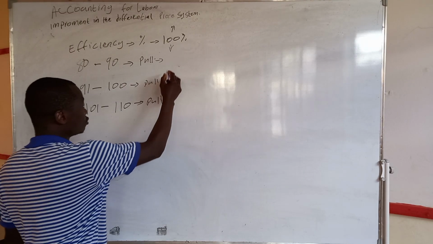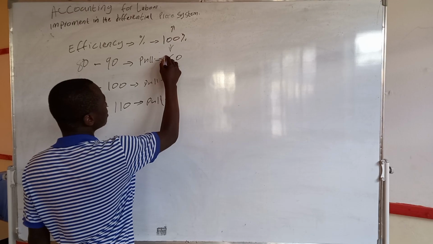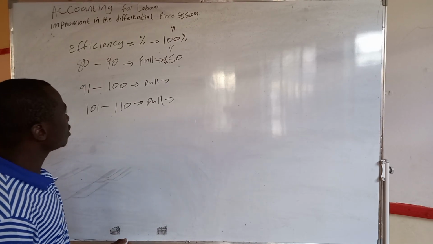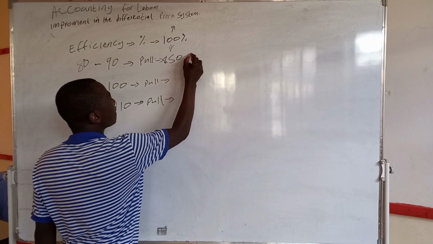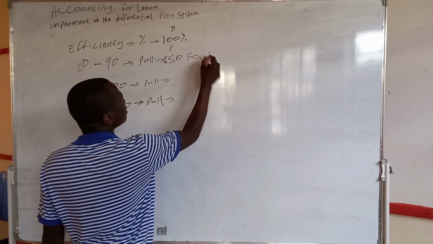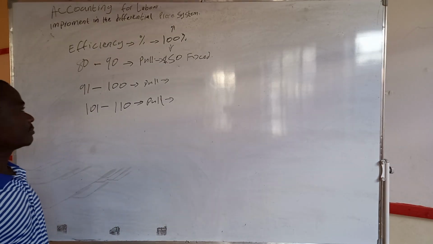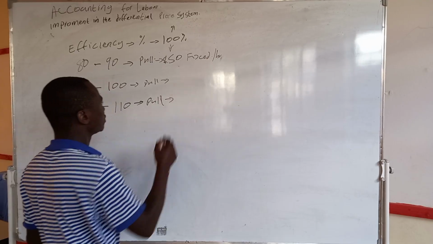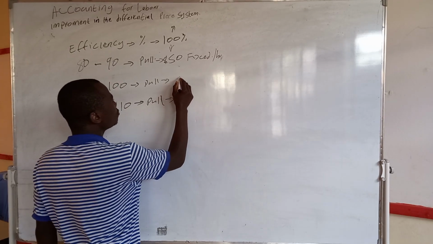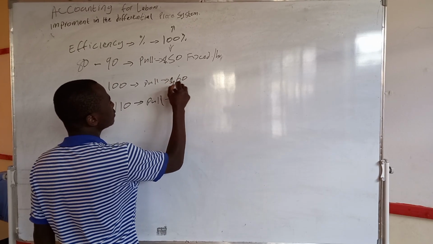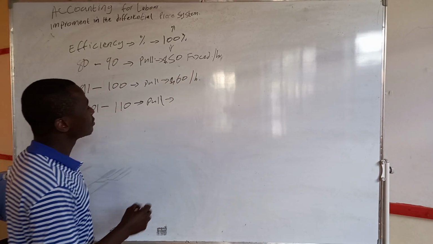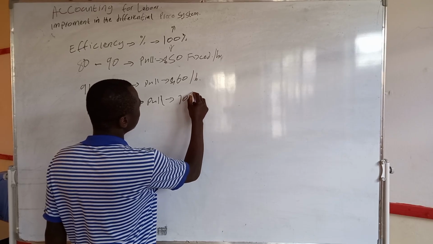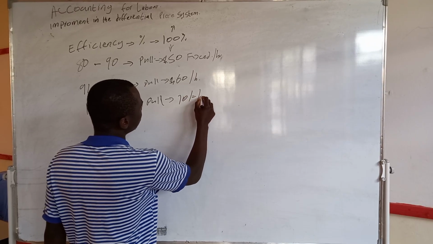Maybe that pool will be paying a fixed 50 shillings, so anybody who lies here is paid 50 shillings per hour. This one you might say I will pay 60 shillings per hour, fixed. And this one pays 70 shillings per hour.